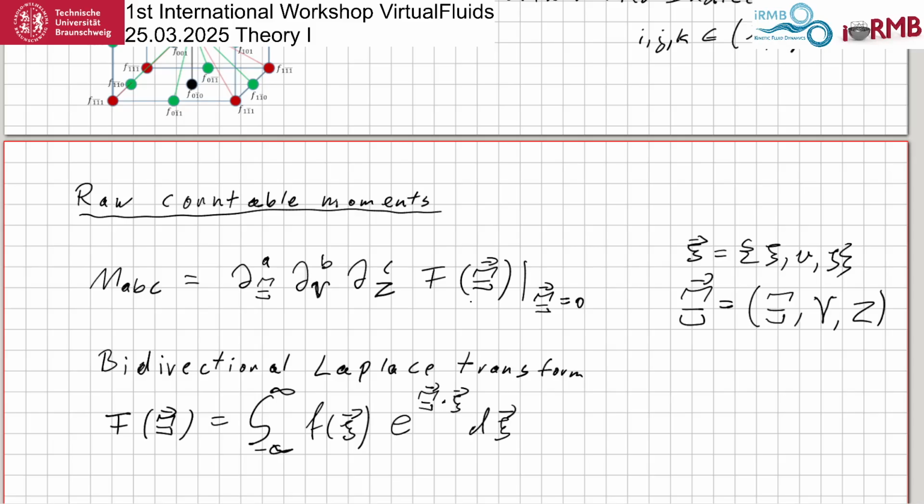And now I have too many professors in this room. This is actually the inverse Laplace transform because it has the different sign. I don't know how this came about in the original derivation, but it has the opposite sign than what is usually used in the Laplace transform. Usually we have a minus here, and in the inverse we have a plus here. So it's actually the other way around, but don't bother.